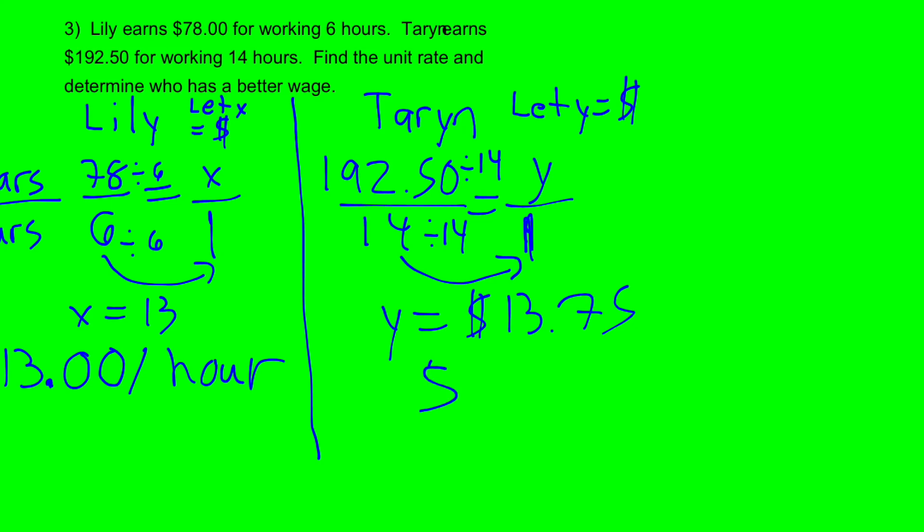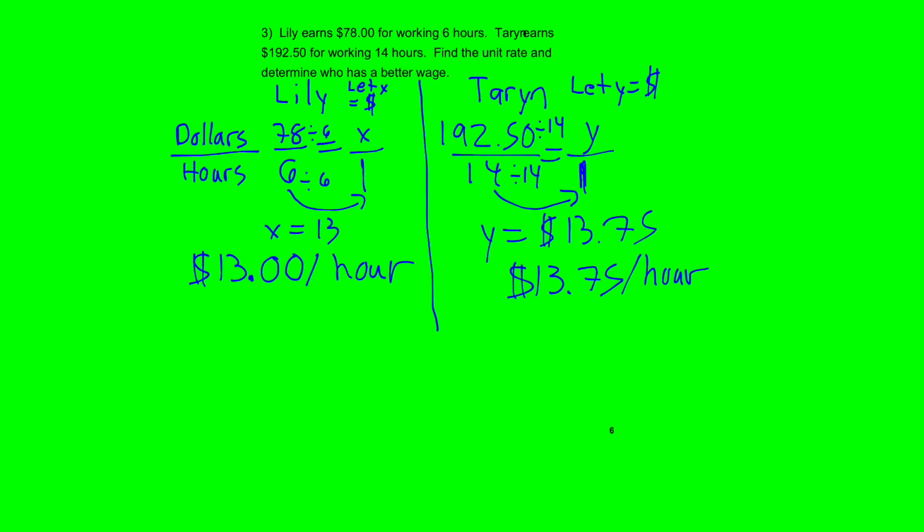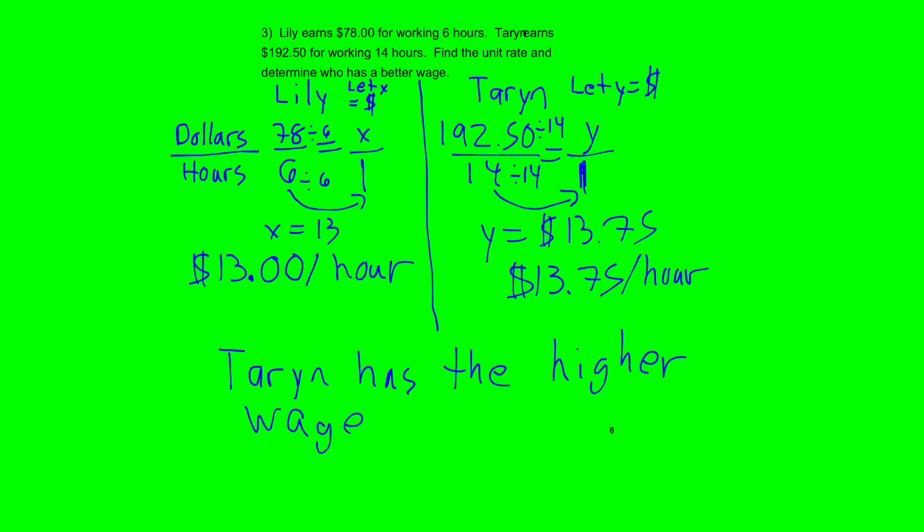As a unit rate, that's $13.75 per hour. Now that we have a unit rate, we can see who makes more money. Taryn has the higher wage. So that's how we use unit rates.